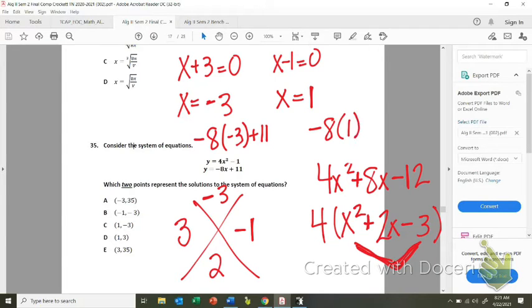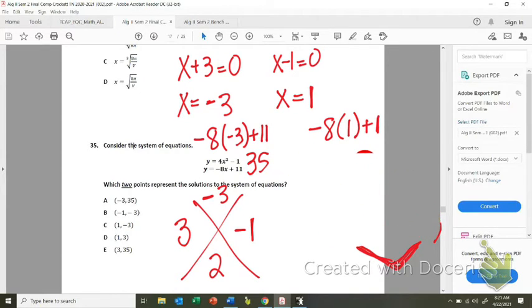You plug in 1, you're going to get 24 plus 11 is 35. And then -8, that should say 11. -8 plus 11 is 3.